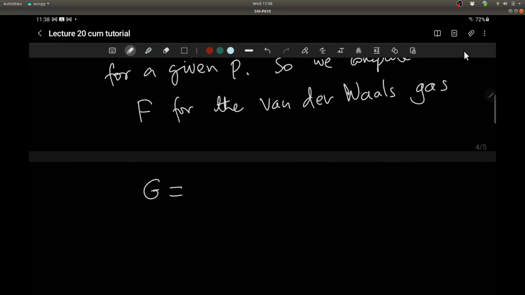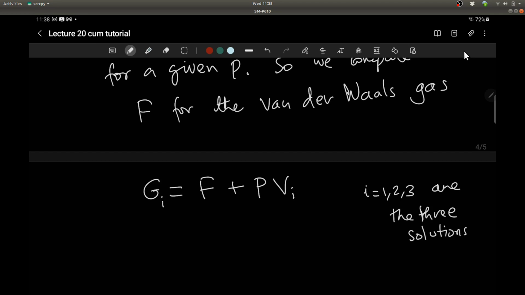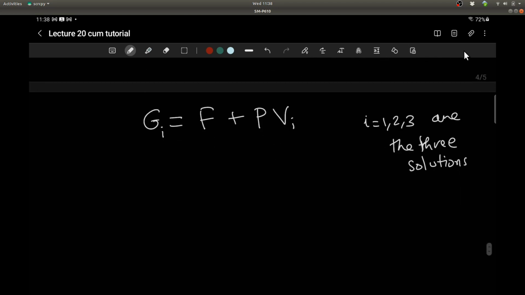This is equal to F plus PV, right? But now which value of V do we put? So I'll put an i here. There might be 3 solutions, so there'll be 3 components. The idea here is to choose the min of G1, G2, G3 as the stable configuration.